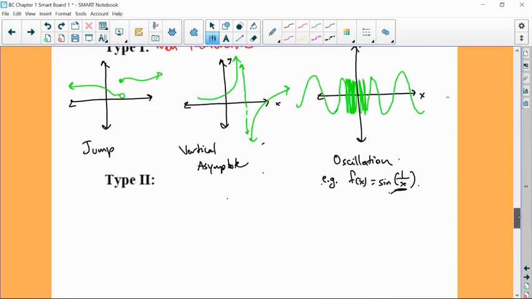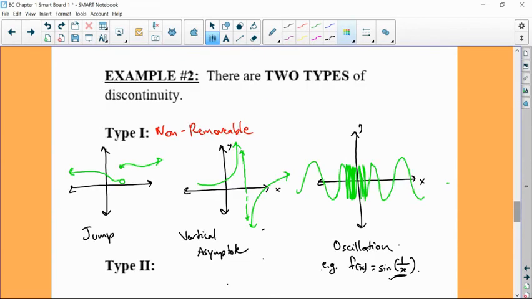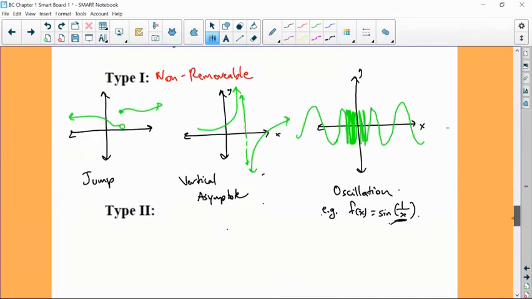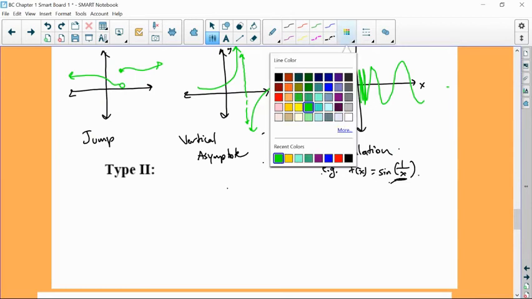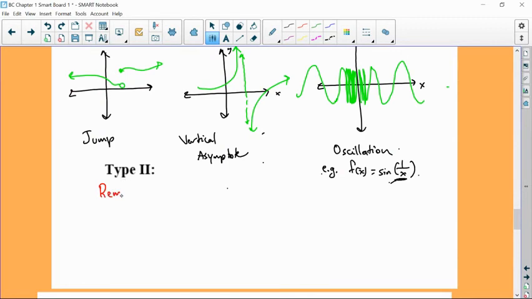Now, you do have one kind that we haven't talked about, which is removable, and that's the one that we actually looked at, interestingly enough, in yesterday's lesson. If it's removable, that means you are a hole. There's only one kind of removable discontinuity, and that is a hole.